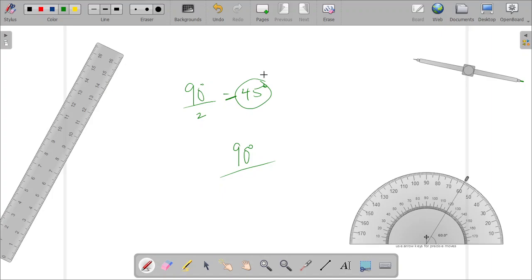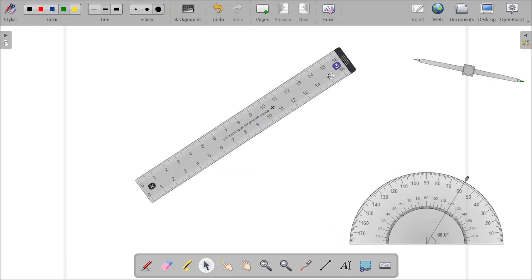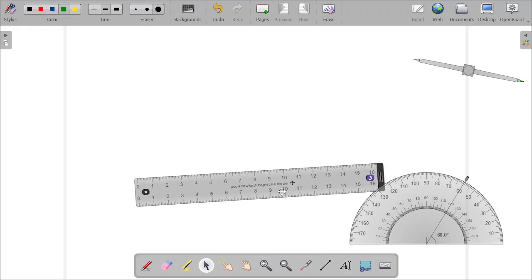Okay, good. Now let us construct angle 90 degree first. Now to make angle 90 degree, the first thing you have to do is to draw a straight line, a horizontal line like this.